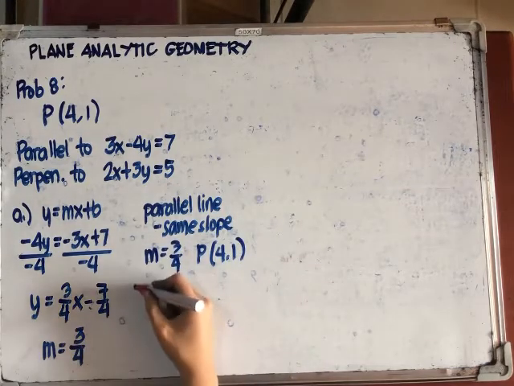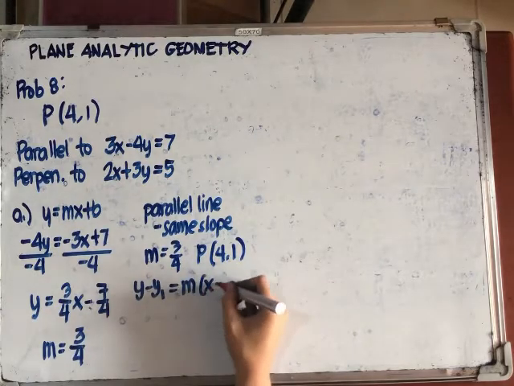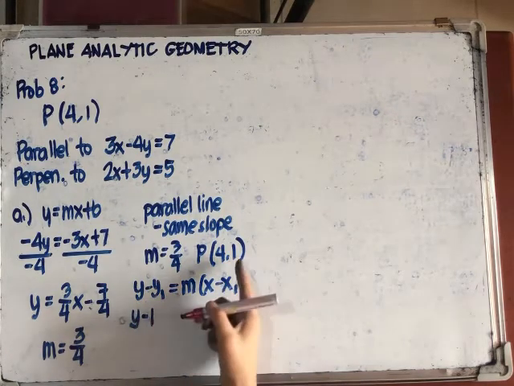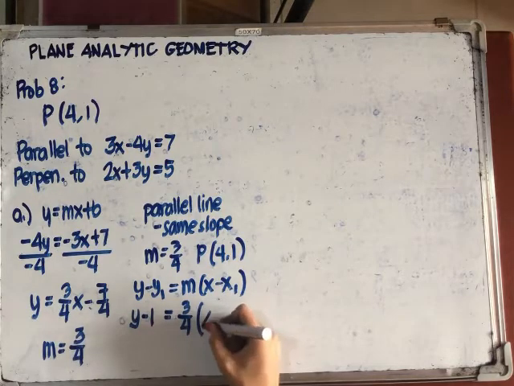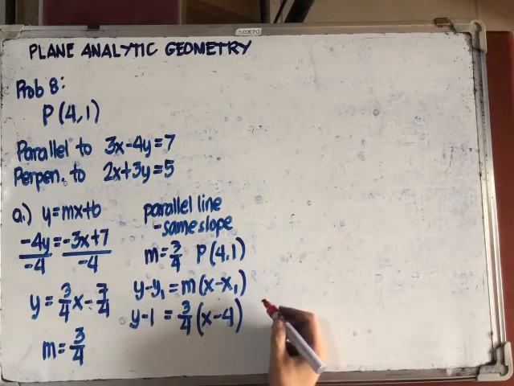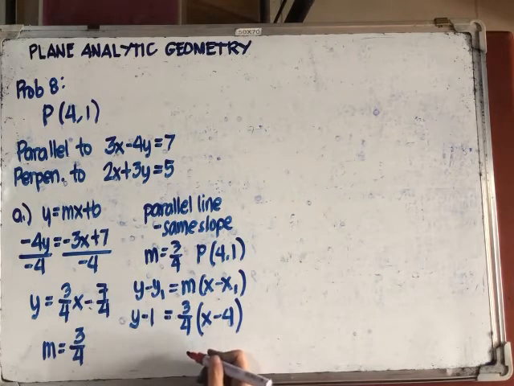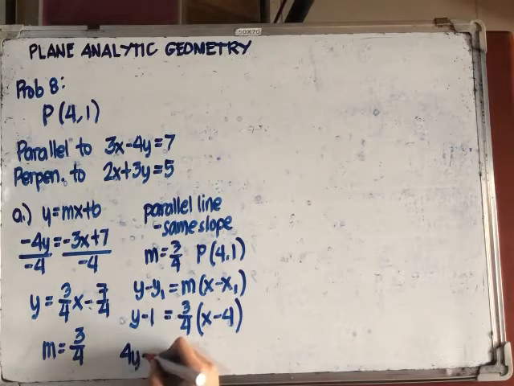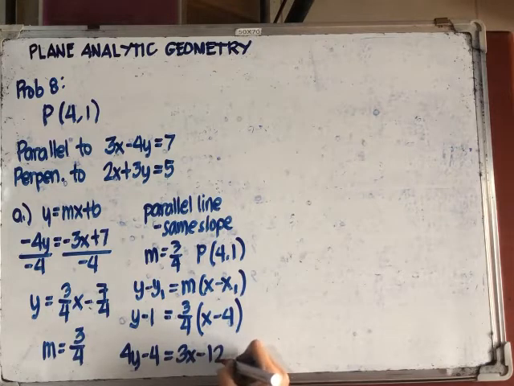So going back to our point-slope form, y minus y sub 1 is equal to m times x minus x sub 1. You have y minus 1, the y sub 1, slope is 3/4, x minus 4. We cross multiply to remove our denominator. So this becomes 4y minus 4 is equal to 3x minus 12.